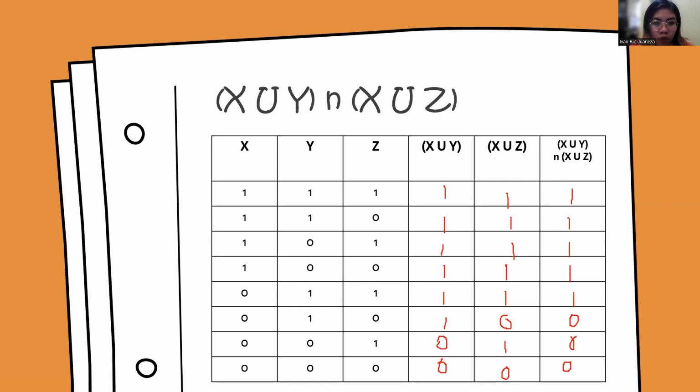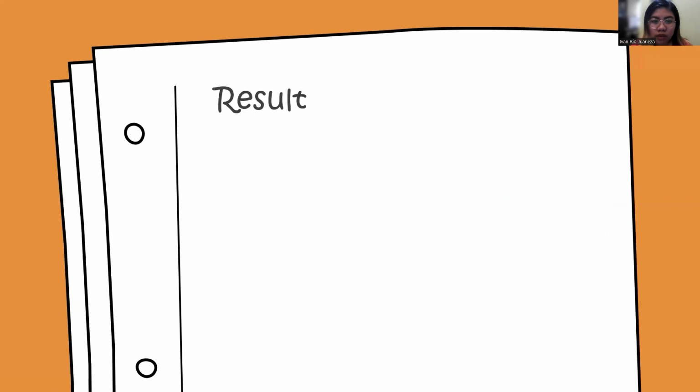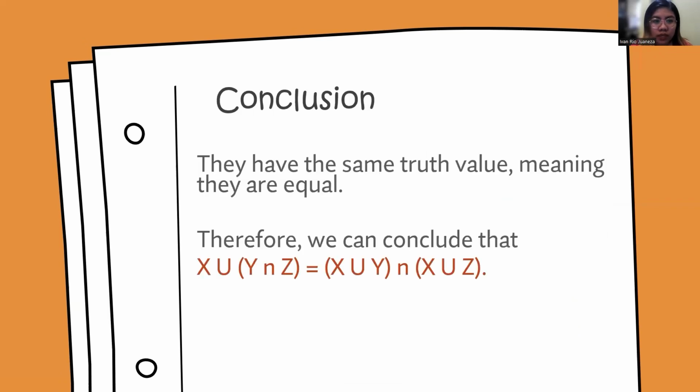So as we see from the result earlier, they have the same, right? The result is they have the same truth value, meaning they are equal. Therefore, we can conclude that X union (Y intersect Z) is equal to (X union Y) intersect (X union Z).